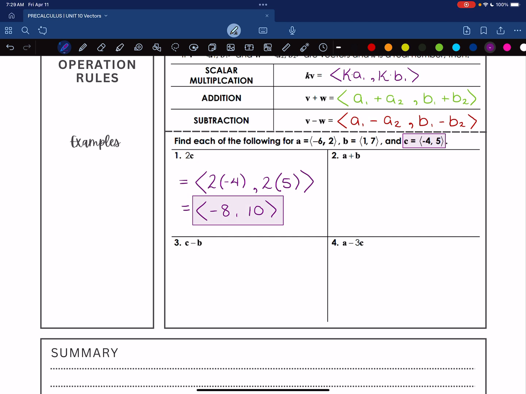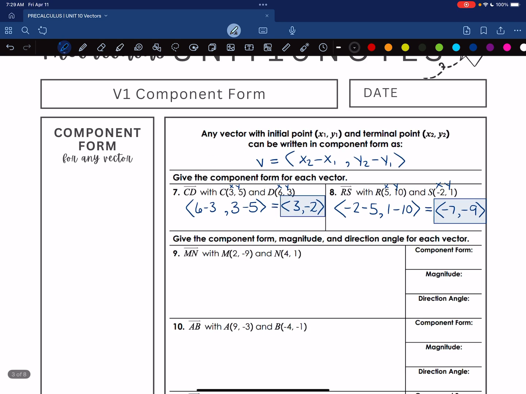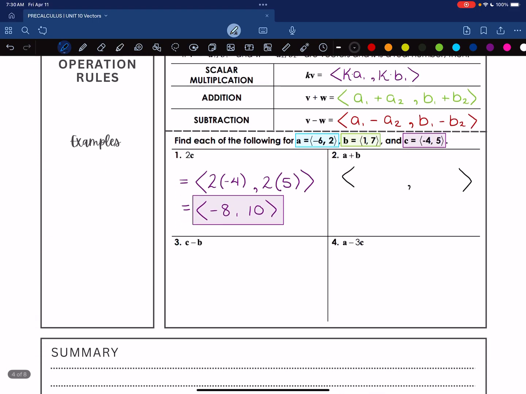For example 2, we are just adding our vectors together. So let me go ahead and grab a couple more colors here. We'll let this represent A. And we'll use this color for B. Okay, so what we're going to need to do here is we're going to add the components when it is written in the component form. We're going to add the parts that correspond with x together.